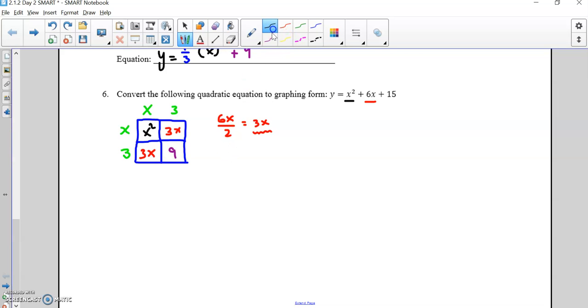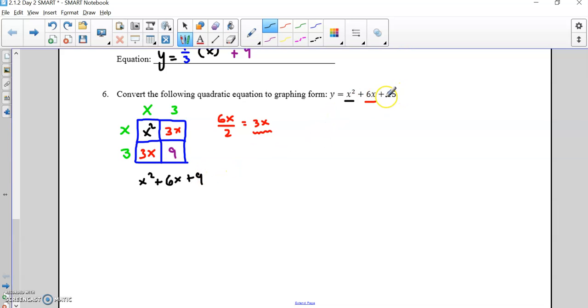So we're almost done, but then you're like, my end goal should come out to this, technically, right? It's just going to look different. So if I look at everything I have in this box, I have x squared plus these 3 x's combined to make 6x, and then I have a 9. So then you notice that this isn't quite the same as this because we're missing a 15, right?